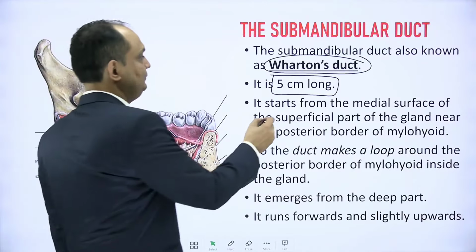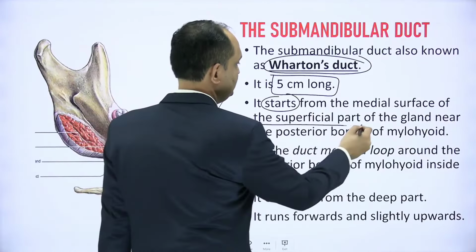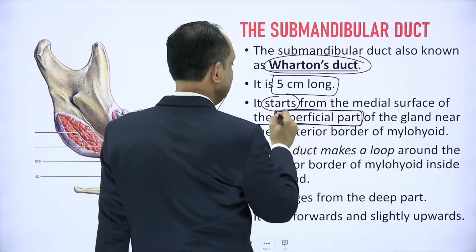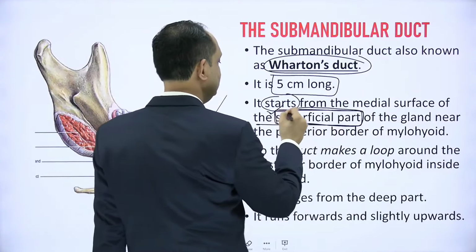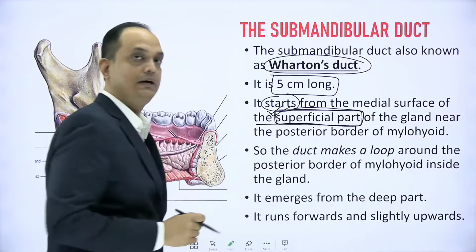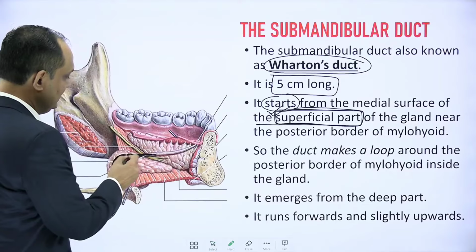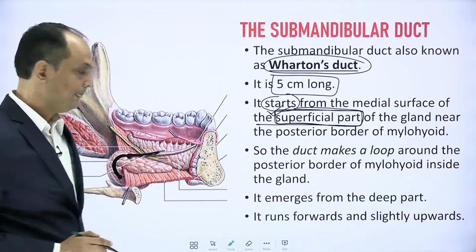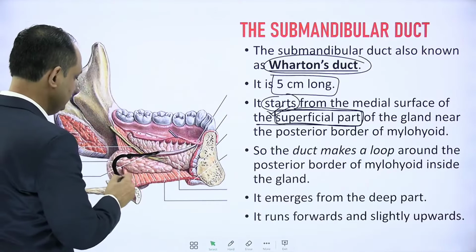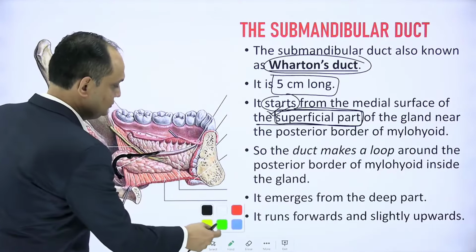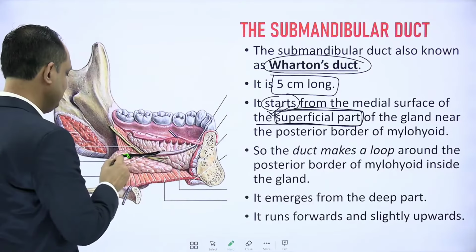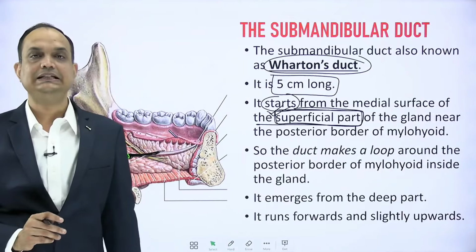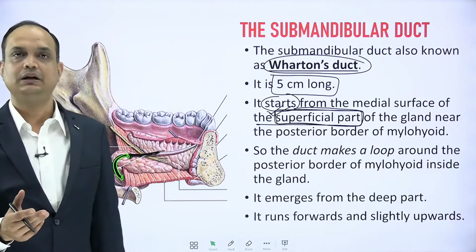So it starts from the medial surface of the superficial part. The important thing is that the gland formation already occurred in the superficial part, and then the duct makes a turn around the posterior border of the mylohyoid muscle, and ultimately emerges from the deep surface. Clear? Now, why is this turn important? Because there is a very commonly asked question: why is stone formation, or calculi, or sialolithiasis, more common in the submandibular gland?